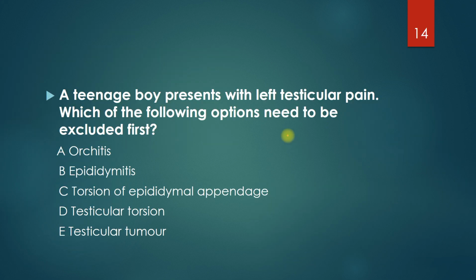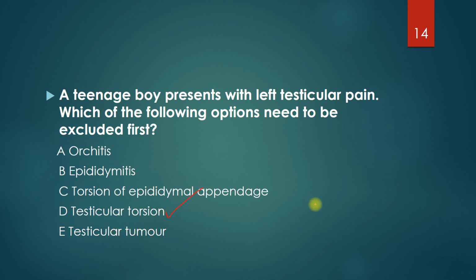This is an MCQ, most appropriate answer. A teenage boy presents with left testicular pain. Which of the following options needs to be excluded first? Orchitis, epididymitis, torsion of the epididymal appendage, torsion, testicular tumor. Here the most important thing is testicular torsion.